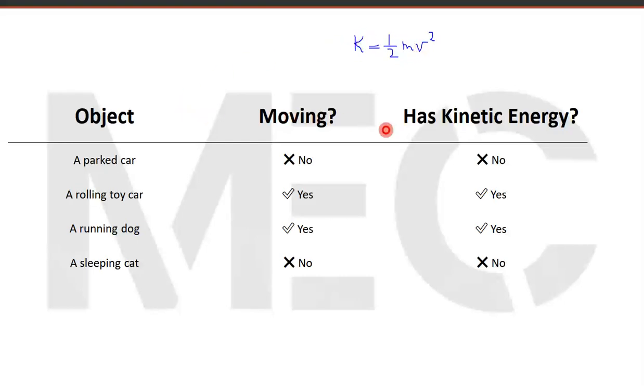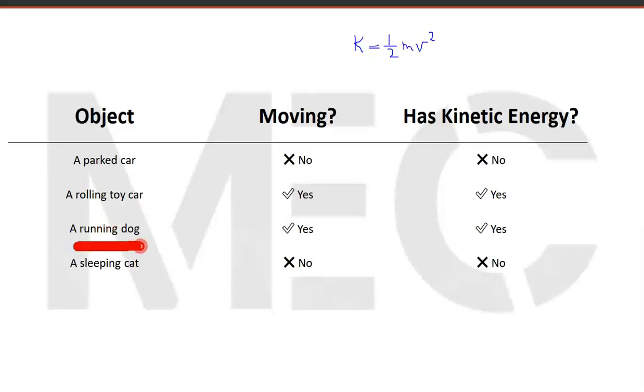If it is moving, it has kinetic energy. So K is zero if and only if v is zero, because all objects have mass, though small or big, but non-zero. Okay.